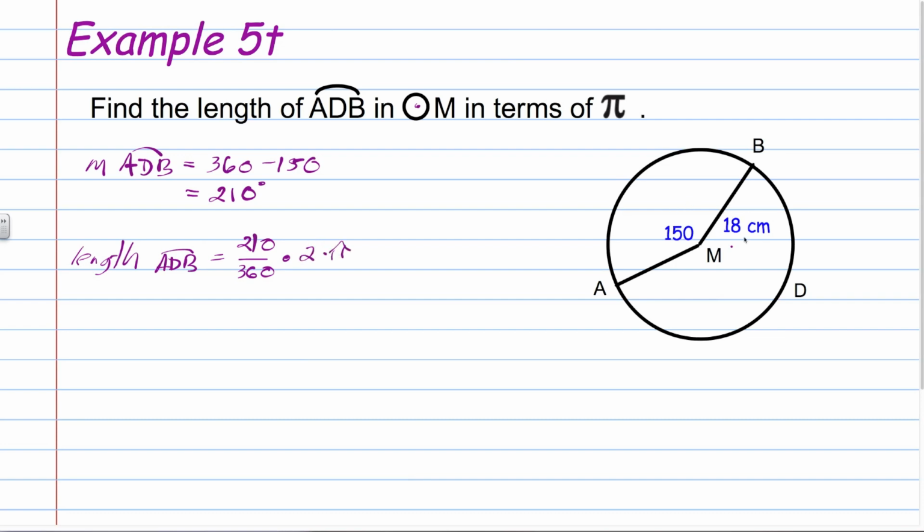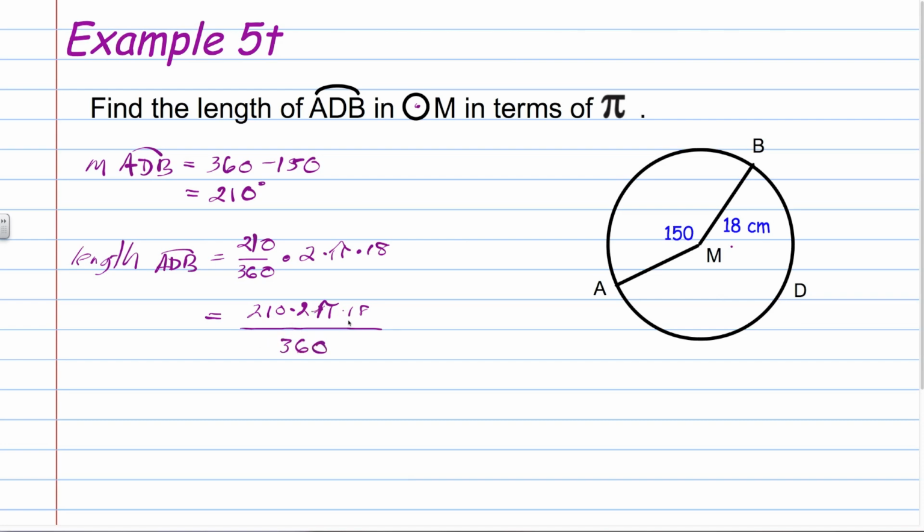And the radius in this case is given as 18. Now, I took a step just to show you how we use that formula. Now, here's how I would actually write it out to simplify it. I would just write this out all in the numerator: 210 times 2 times pi times 18. Now, my pi got a little sloppy there, but you get the idea. And that's all over 360.